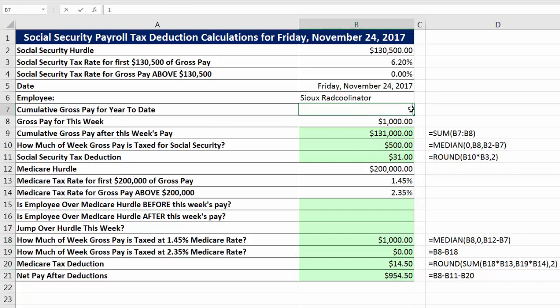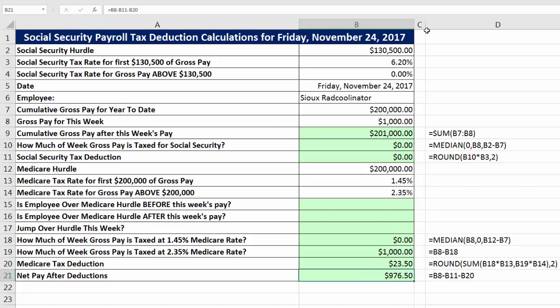If I change it to $199,500, well, these are all zeros, but here it split it apart and calculated the correct deduction. If I go ahead and type exactly 200,000, it got it right. 0 at the 1.5%. 1,000 at the 2.35%, and there's $2,350 and the correct net pay.